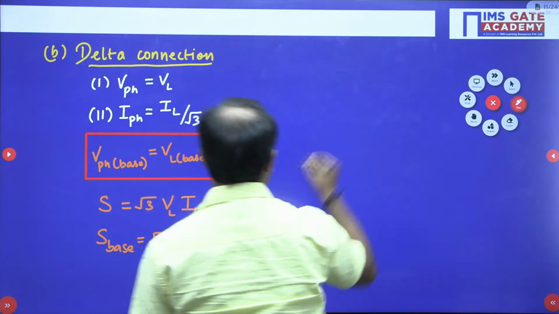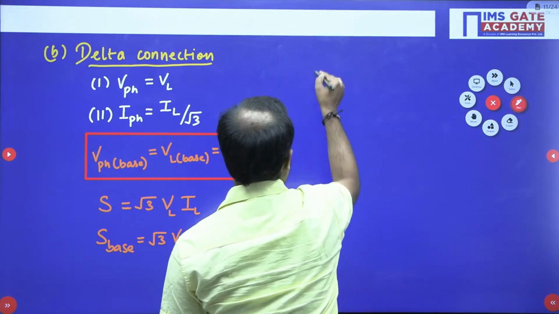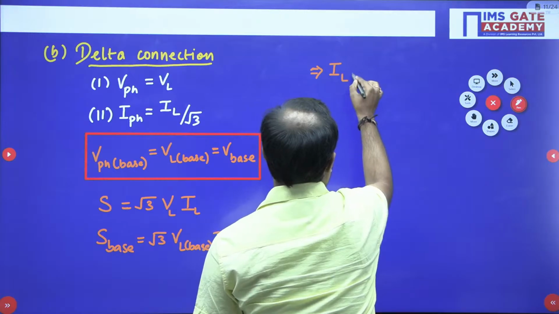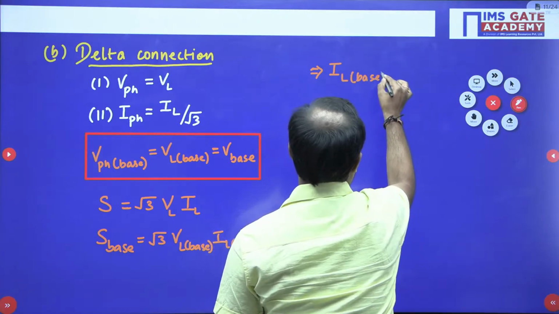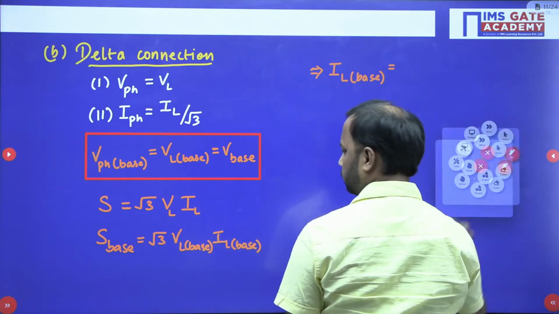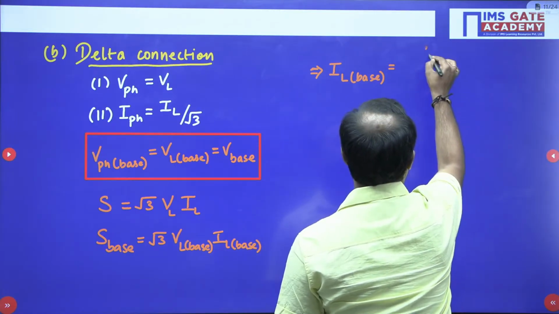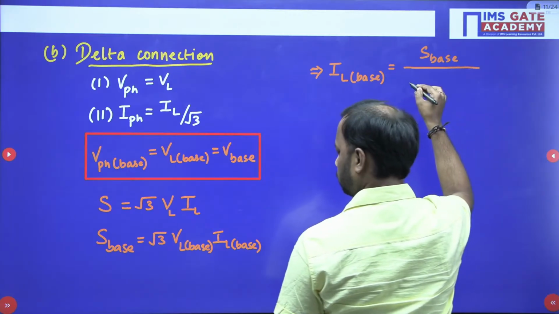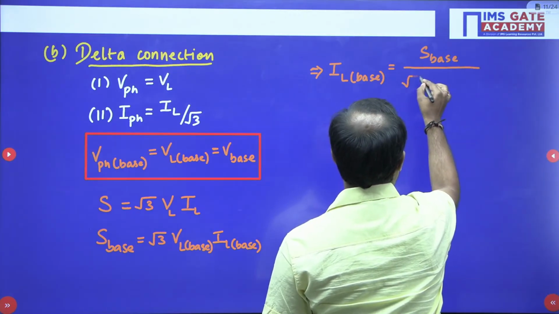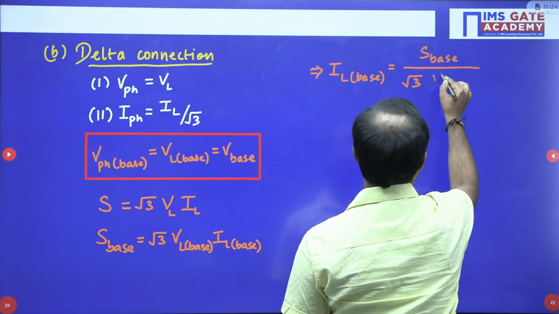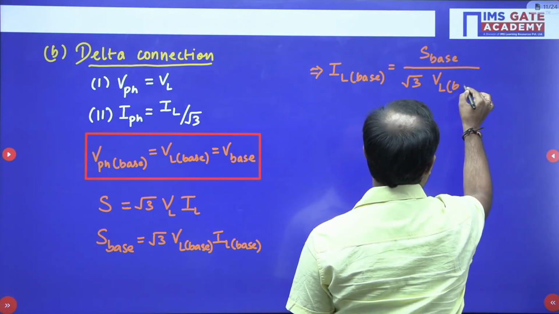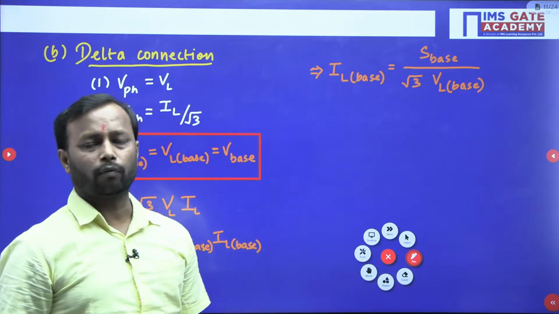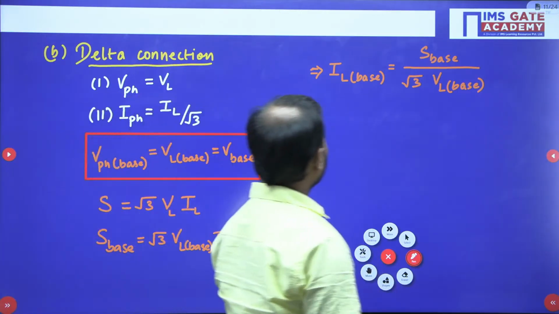From here I can say that IL base is equal to S base divided by root 3 times VL base. Okay, this much we have got.